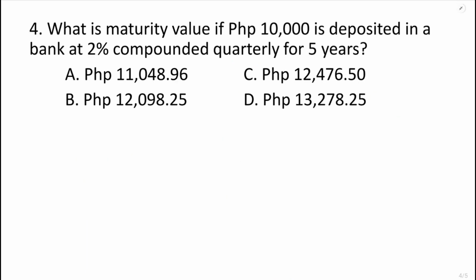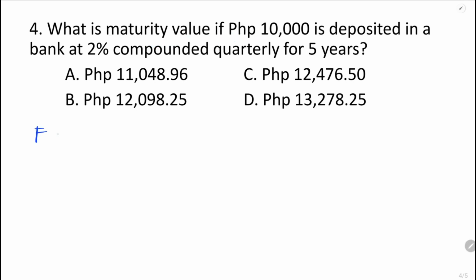What is the maturity value if 10,000 is deposited in a bank at 2% compounded quarterly for 5 years? In finding the maturity value, kapag compounded quarterly, meron tayong ibang formula.